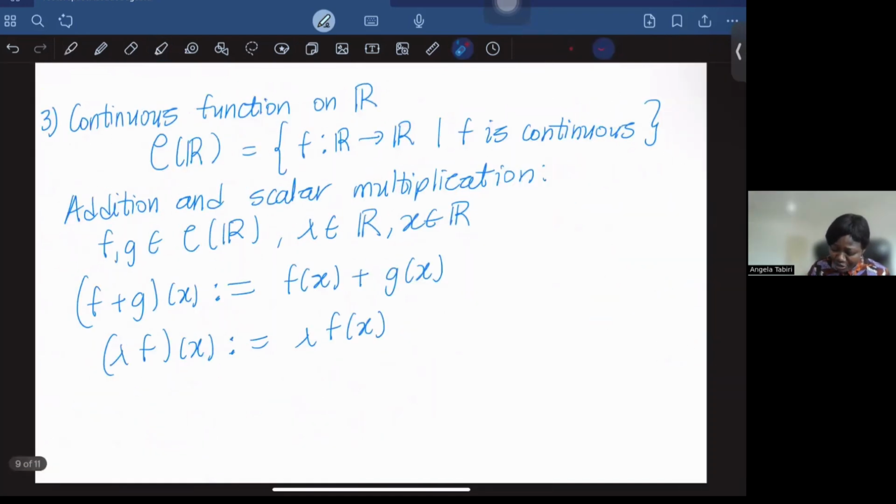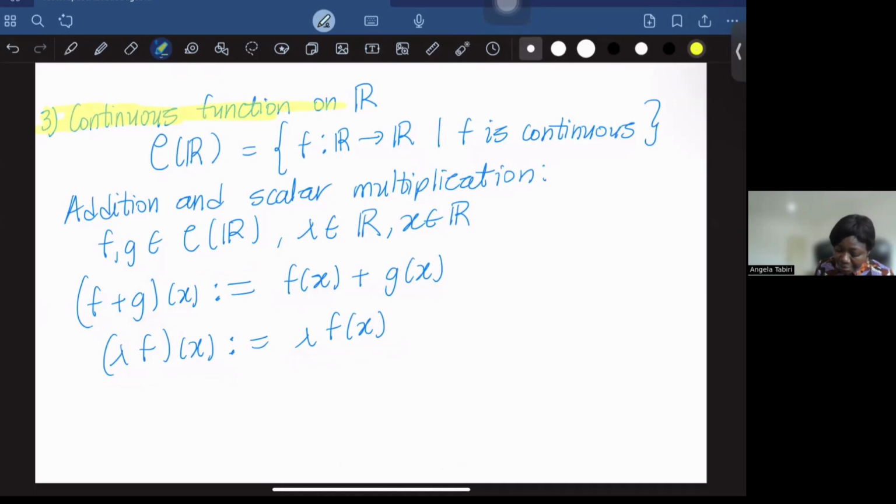If you have a real-valued function from R to R which is continuous, then we take the set of all continuous functions from R and define addition of two continuous functions to be what? Pointwise addition, and scalar multiplication to be this. So lambda f of x is just lambda times f of x. Then we can show that this is actually a vector space.